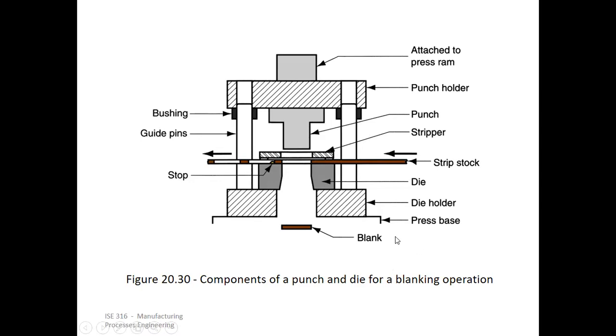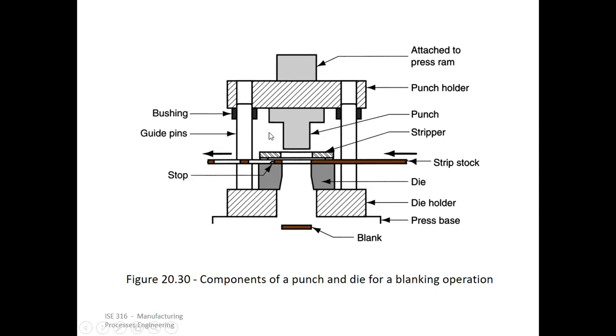So this is what a blanking operation is. I think we'll have another slide for the blanking operation, but in a sense a blanking operation is where you are removing metal from sheets. That removed material is your useful byproduct. If the removed material is your useful byproduct, then that's what you call a blank.